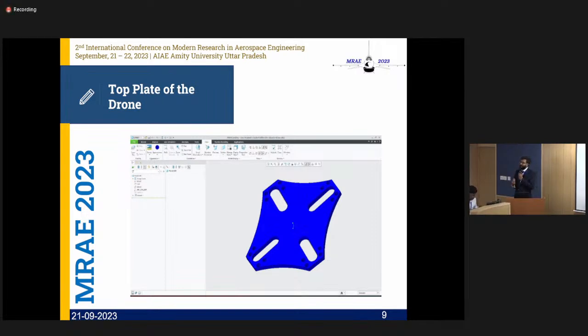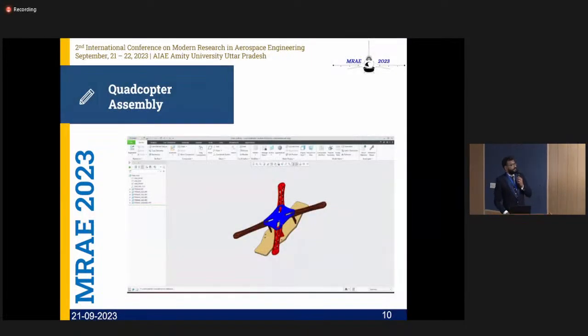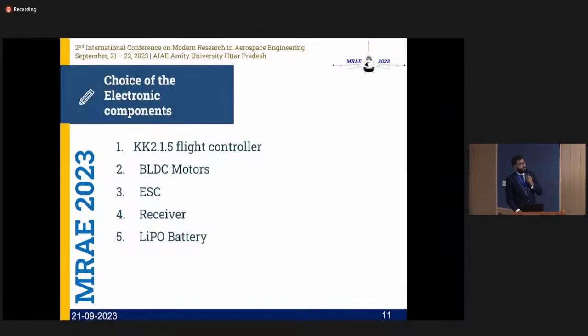In case any short circuit or any kind of heating happens, the battery will catch fire first, and you need to save your flight controller and other electronics. That's why I keep a different bay for the battery and a different bay for the other electronic components. And yes, this is the assembly of that quadcopter.